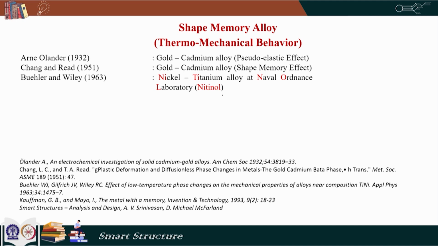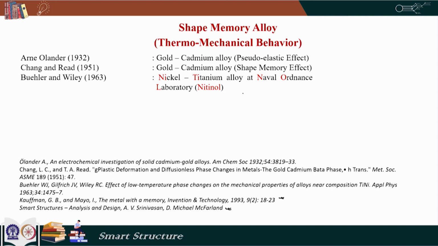Now, there is a nice history given by Kaufman and Mayo in this article, and that is presented in the book by Srinivasan and McFadden also of how this material was invented. So, Buehler was a metallurgist in Naval Ordnance Laboratory, and he was looking for potential good materials for use in cone of a missile.